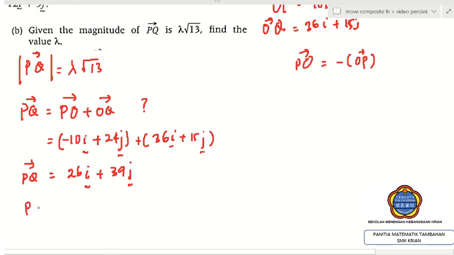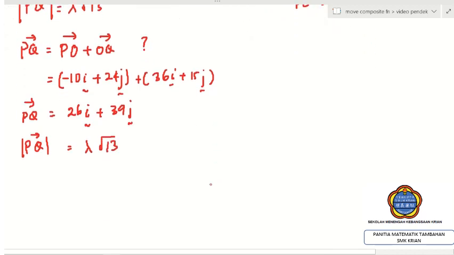Where you are given magnitude of PQ is equal to lambda 13, the question asks for lambda. Now we already know PQ, and we can get the magnitude of PQ. So it is square root of 26 squared plus 39 squared equal to lambda 13.